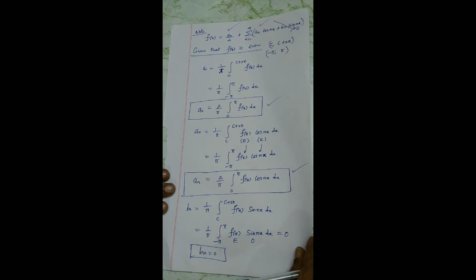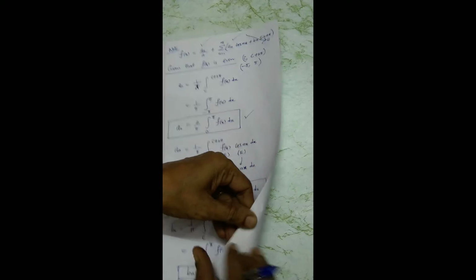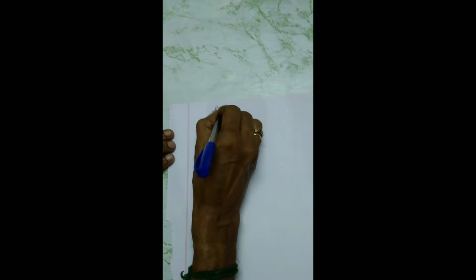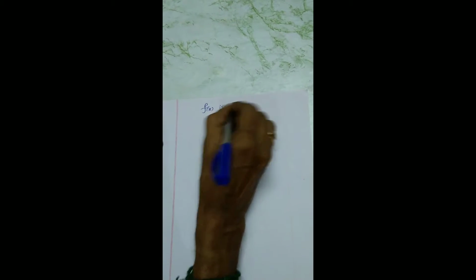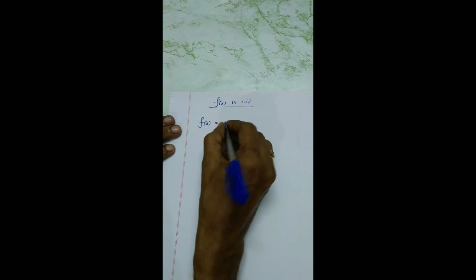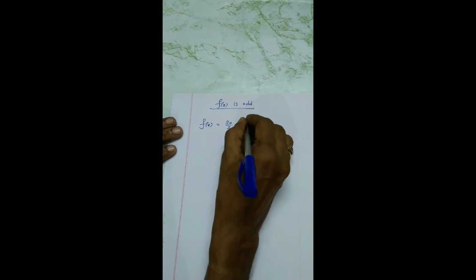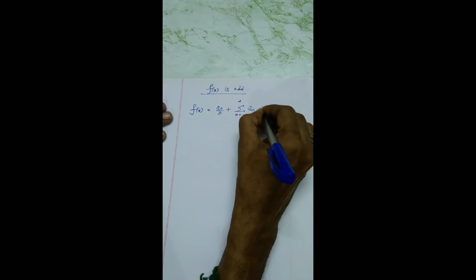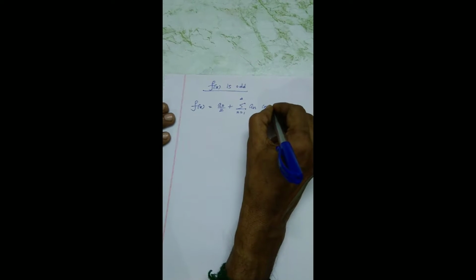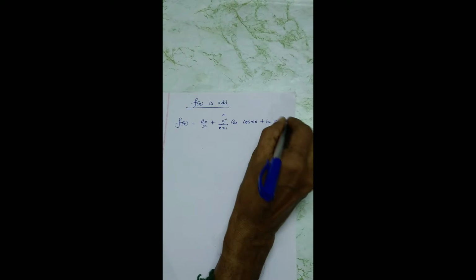Now I'm going to explain the concept of an odd function using the same combination. If my function is odd, let us take the Fourier series f of x equal to a naught by 2, the more general Fourier series, plus the sum from n equal to 1 to infinity of an cos nx plus bn sin nx.